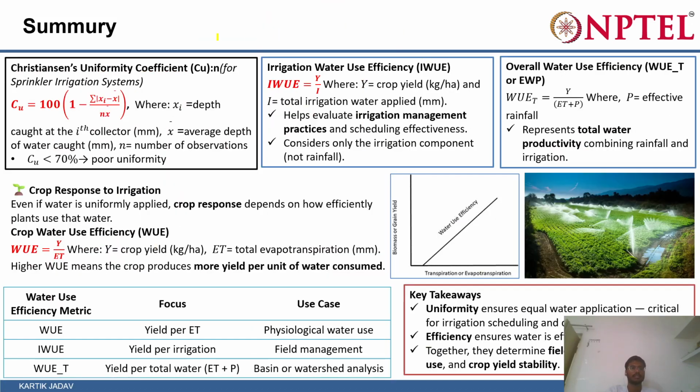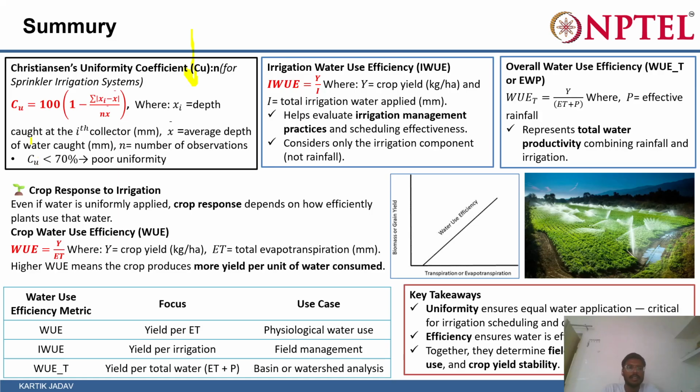Next, as uniformity is important, we have also looked over it and defined the Christensen uniformity coefficient. It is given by 100 minus the summation of |xi minus x̄|, where xi is the observed depth and x̄ is the average depth, and if you have n observations, you multiply by n times the average depth of the water caught. That gives you the Christensen uniformity coefficient.